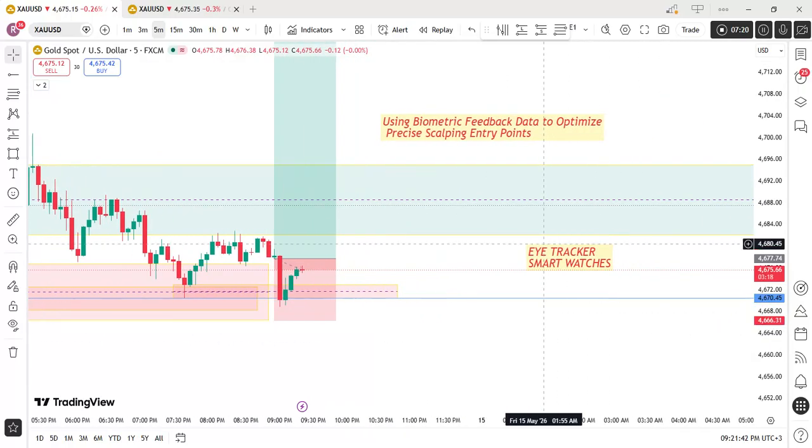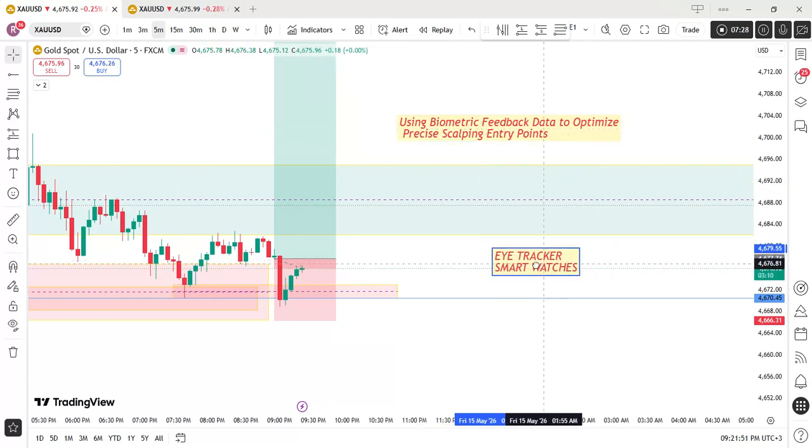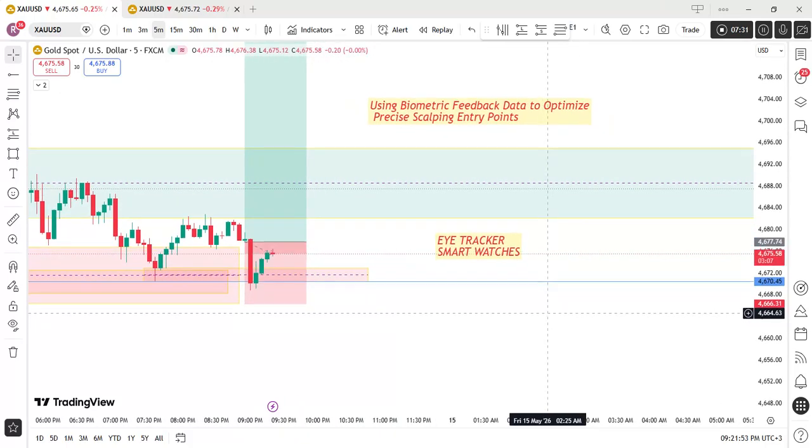Now when you go back to using biometric feedback data to optimize entries, especially in scalping. This is about scalping, right? We have things like smartwatches. What you're going to be looking at here mostly is, for example, the eye movement, which usually changes whenever a person is in panic mode while trading.